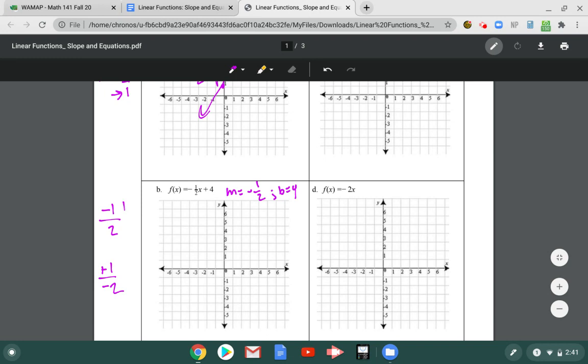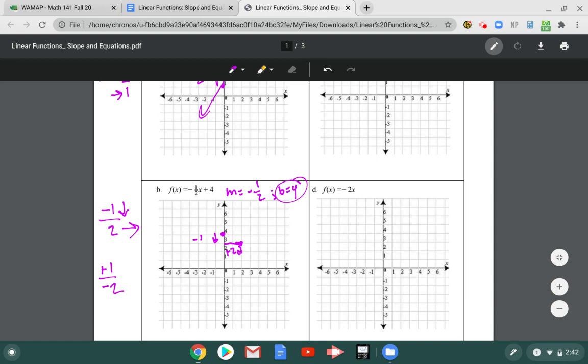So for this one, I've got to go down 1 in the y direction and then positive 2 in the x direction. I'm going to go ahead and start at 4 on the y-axis. That's what my b represents. So 1, 2, 3, 4 is going to be this one. I want to go down 1 and then over positive 2. That gives me another point.